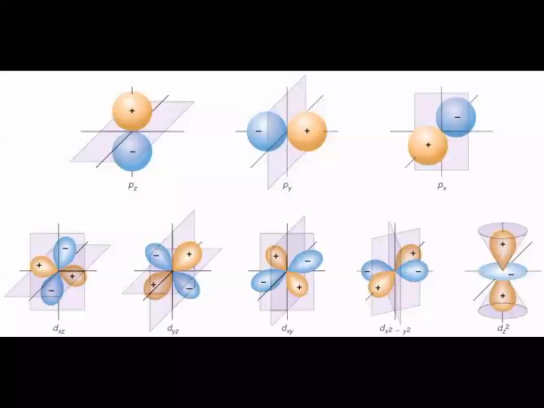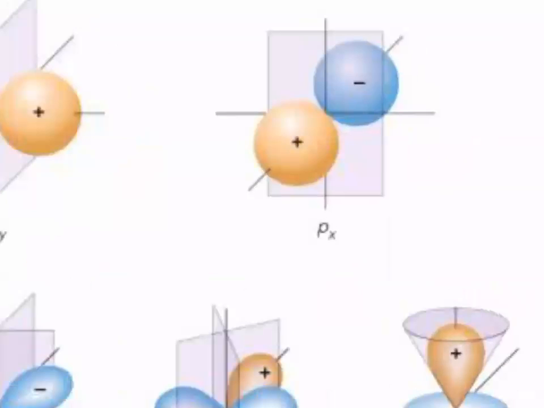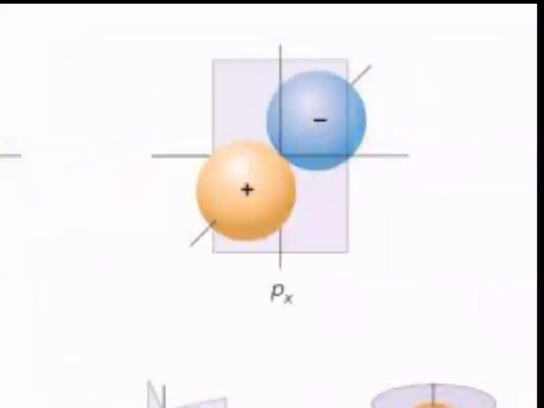Similarly, for px, the nodal plane is perpendicular to x, so it lies in the yz plane. Then for py, it will lie in the xz plane, and so on.